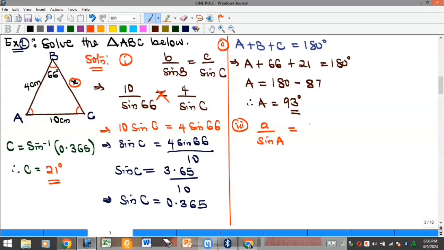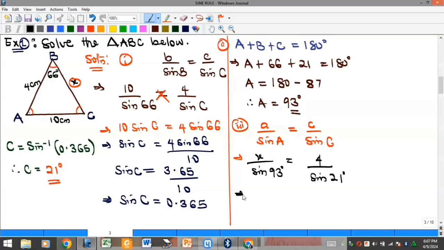We can maintain our small letter c over sine C. And that is going to give us, here we are looking for a, which is now our x, all over the sine of 93, equal to 4 over sine 21.